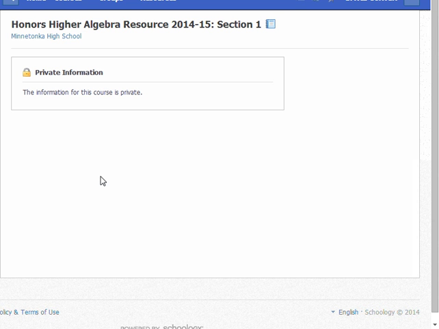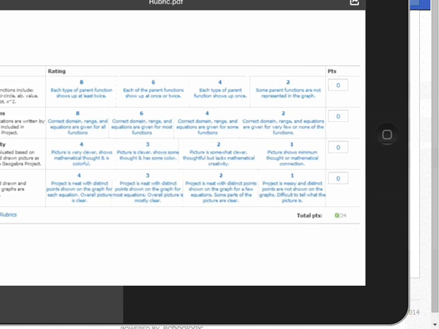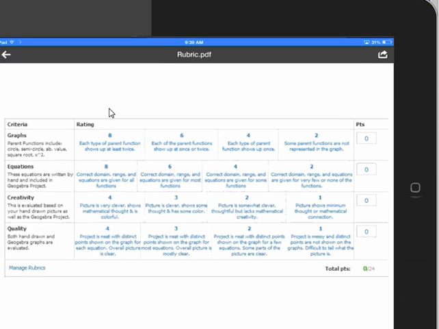Okay, hold on. I'm going to pause. Okay, so hopefully the recording is able to pick this up. We're looking at the rubric, and if you see a perfect score, it would have to be all the way down the side here, the left side.